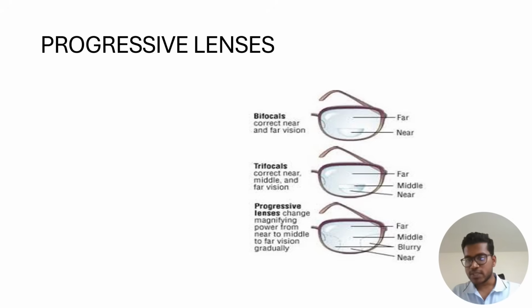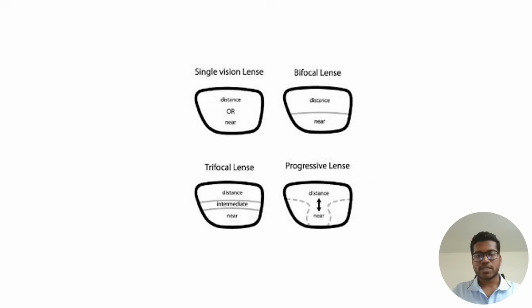But in progressive lenses, like I just explained in the previous slide, the peripheral distortion area will be blurry in regular lenses. But if you get progressive lenses, you can clearly see all the areas, from long side, short side, and middle, intermediate, along with the peripheral distortion area. If you look at the picture on the slide, the blurry area, you can see everything. Okay, let's move on to the other slide.